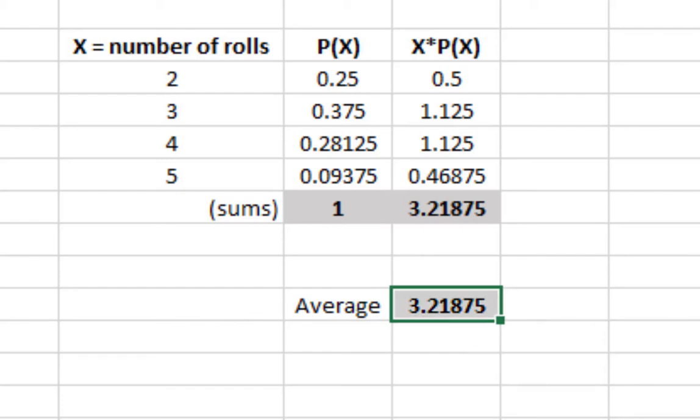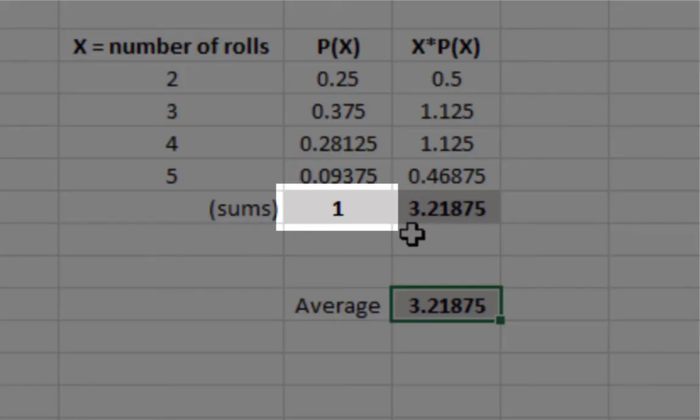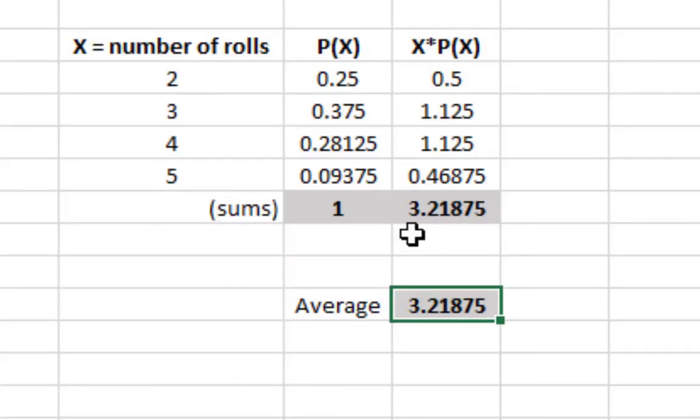But now, this value right here is not the number of data points. It's the total percentage of data points, which as a decimal is equal to 1. Well, if you divide something by 1, you don't change its value, right?